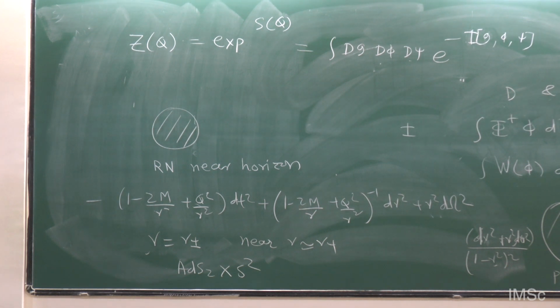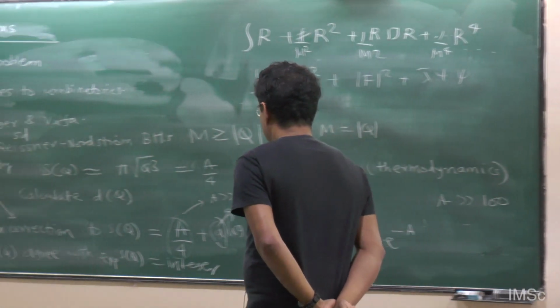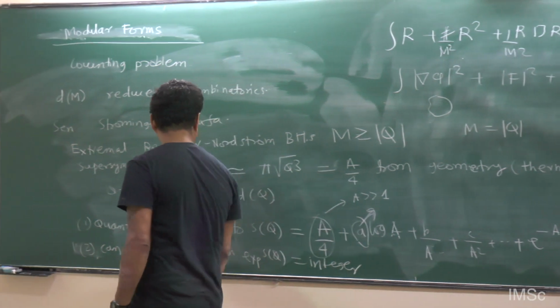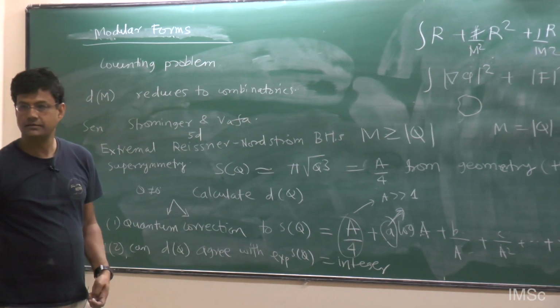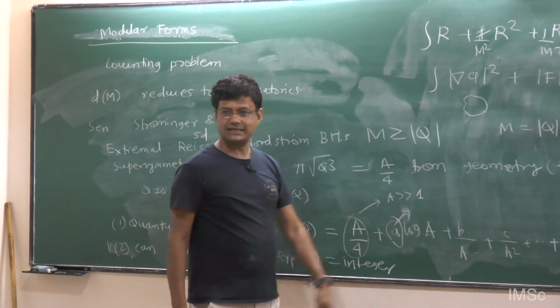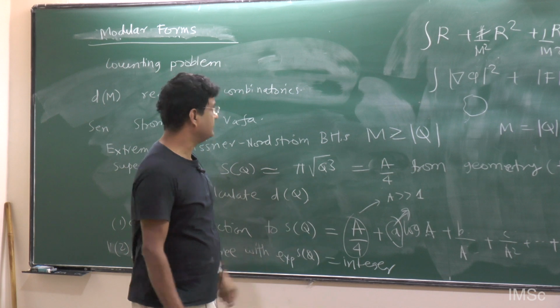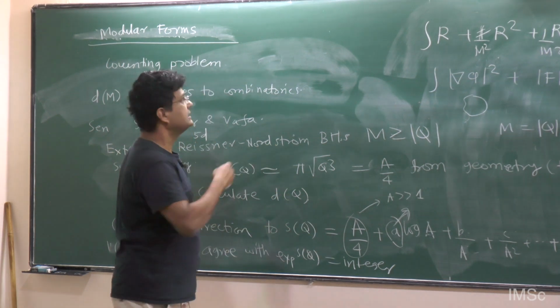But the A here is the classical A, the number given from the metric. What I'm saying is that it's like a function.